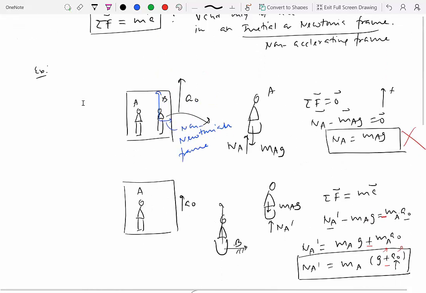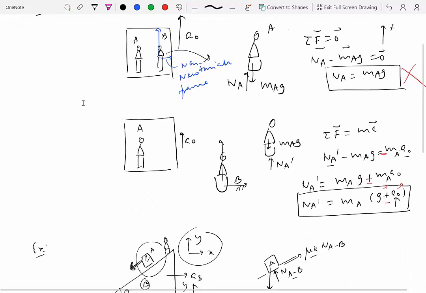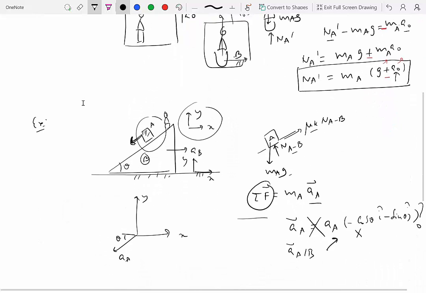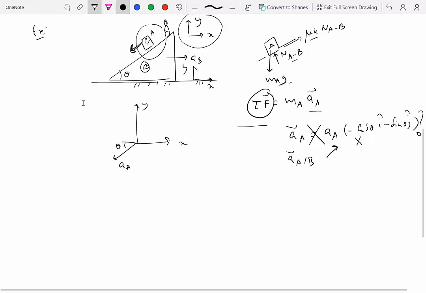So in the previous problem, you could have your friend B actually move inside another elevator moving with constant velocity. So this is constant, which means acceleration would be zero, and that would give rise to the same results as you get if the frame is not moving at all. So constant velocity or no movement, both of them would give you the same result.